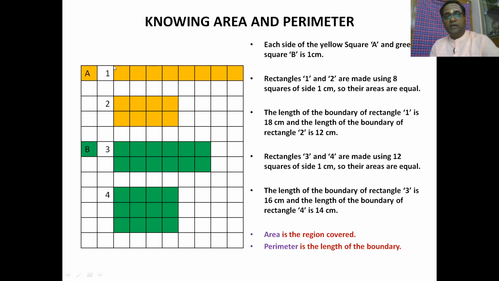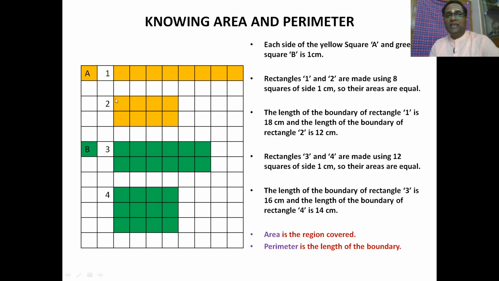Suppose I start from here, 1, 2 centimeters, 3, 4, 5, 6, 7, 8, 9, 10, 11, 12, 13, 14, 15, 16, 17 and 18. So here the length of the boundary of rectangle 1 is 18 centimeters.